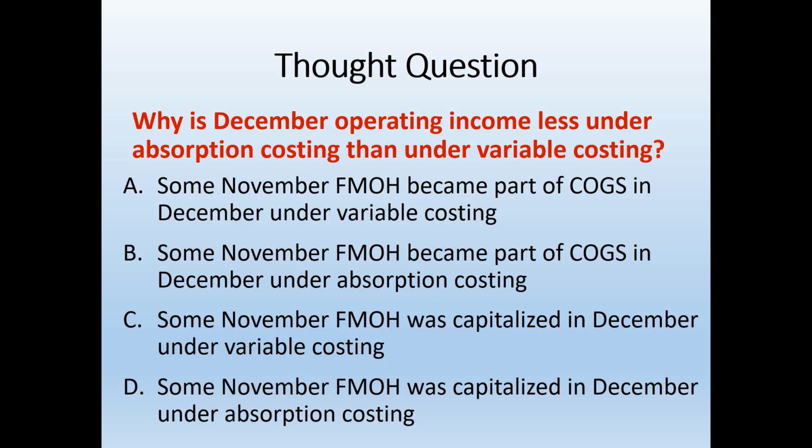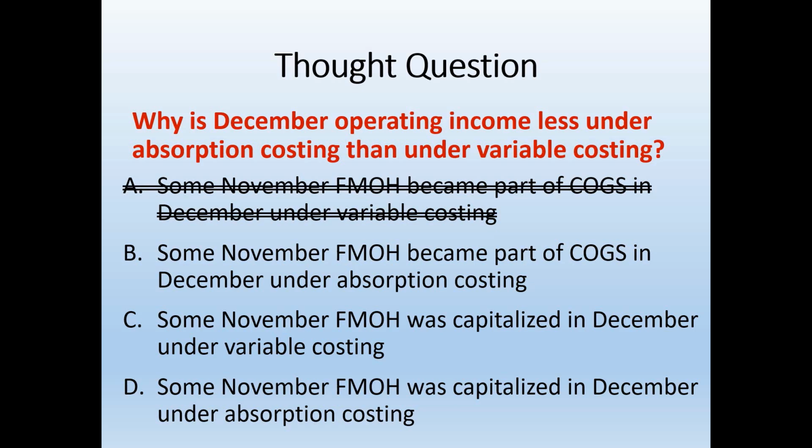So, my question to you is, why is December's operating income less under absorption costing than under variable costing? Answer A can't be right.